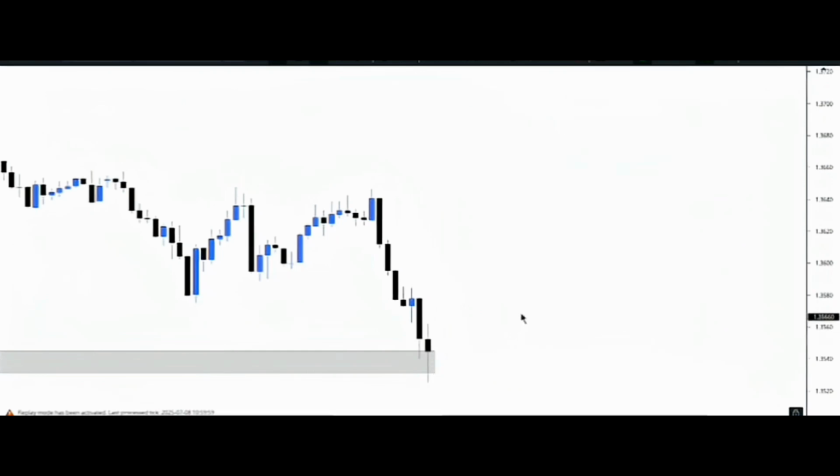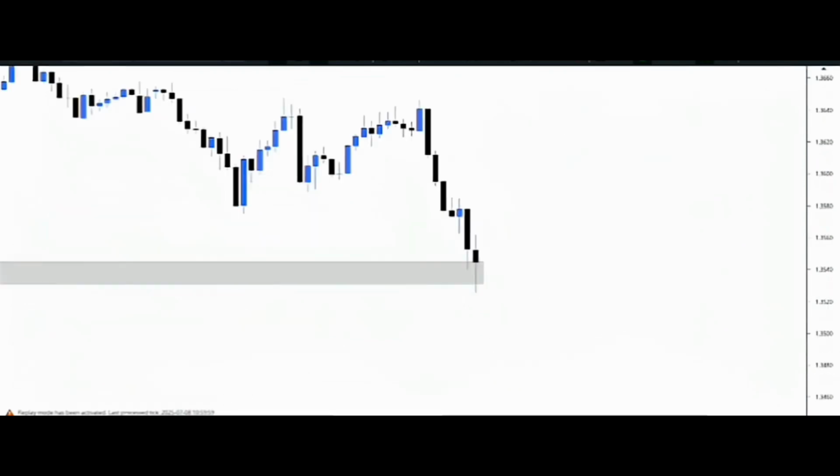Okay, so now price has come into this zone. So let's see if we have anything tangible for us there. Let's get to the 1M. So price has come into this zone. Let's take out price from here.